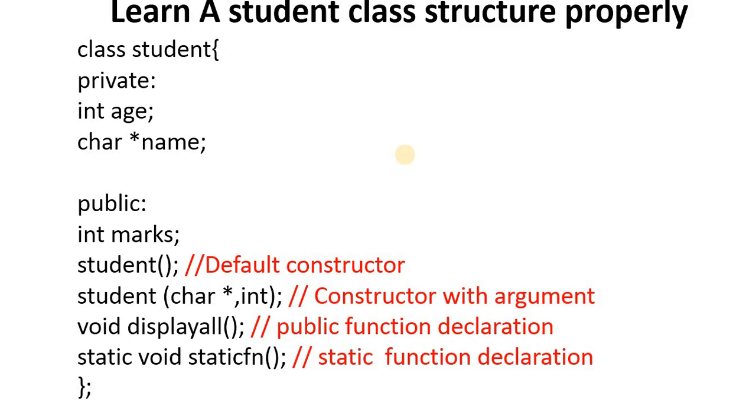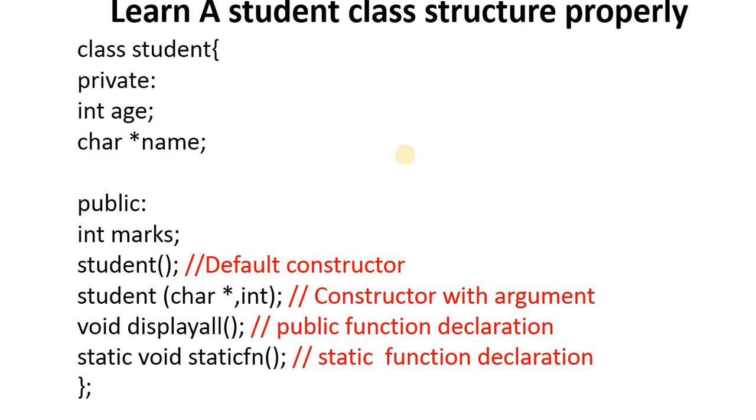Now you can see another constructor which is called a constructor with arguments. It is in the name of the same class student, but 2 arguments are there: char star for the name and integer for the age. And another function you can see is void display all. This is a general public function to display some marks or age or whatever.